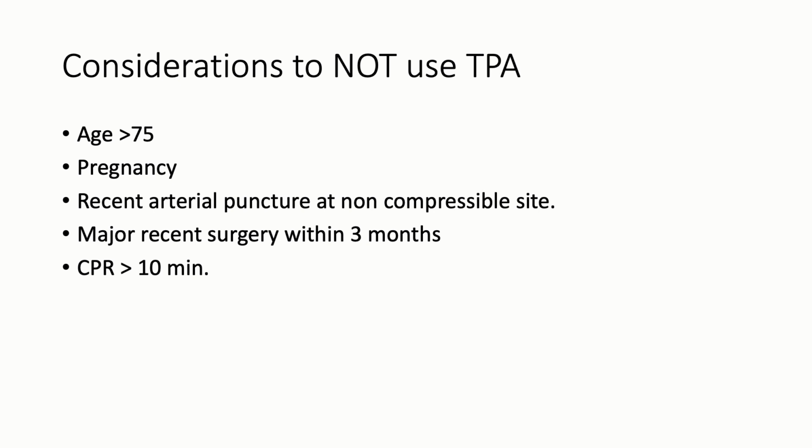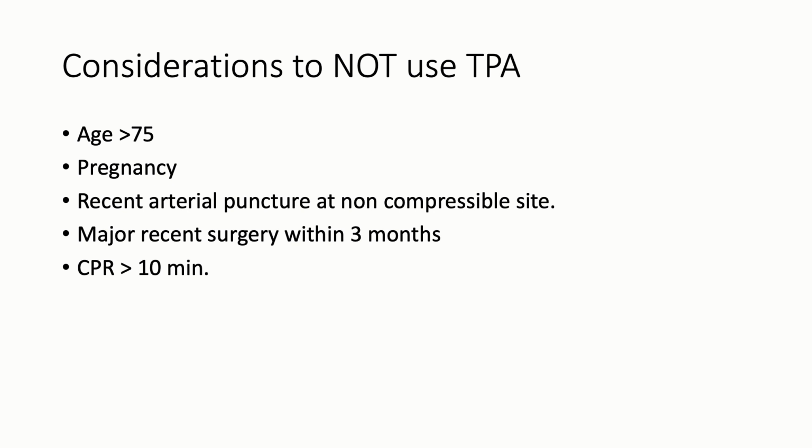This slide outlines your new guideline considerations to not give TPA, and these are all relative again. Number one, age over 75. We do know that the older you are, the higher your risk for intracerebral hemorrhage with TPA administration. Pregnancy is another one. Arterial puncture at a non-compressible site could create issues. Major recent surgery within 3 months. I think this again depends on what kind of surgery we're talking about.